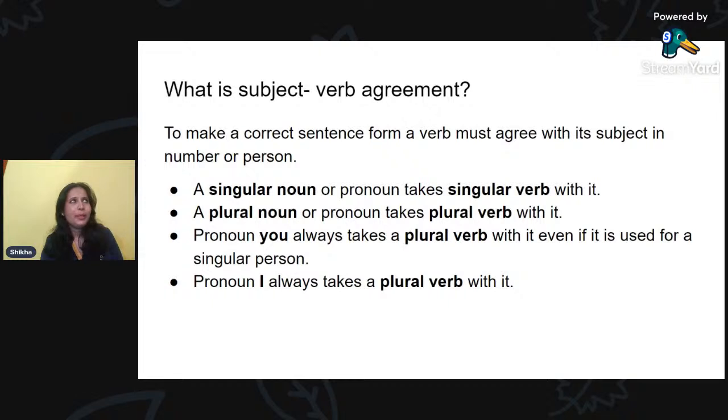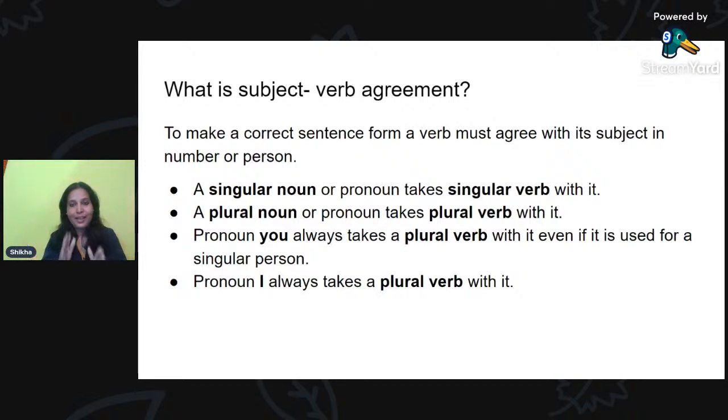Have you ever heard somebody say I sleeps or I eats? No, right? We always say I sleep, I eat, I play, right? So, this is how we will agree our subjects with our verbs.